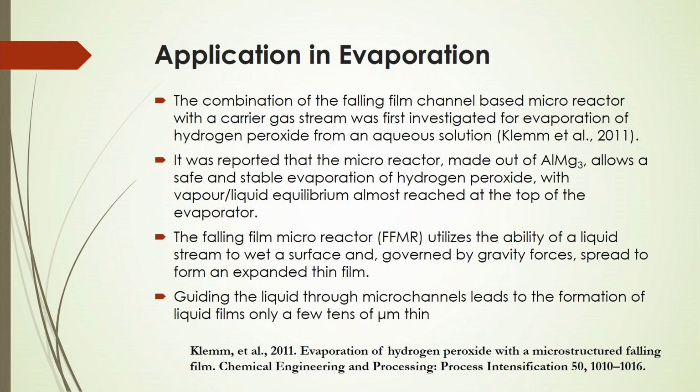The falling film microreactor also utilizes the ability of a liquid stream to wet a surface and, governed by gravity forces, spread to form an extended thin film. That is reported by Klaim et al.